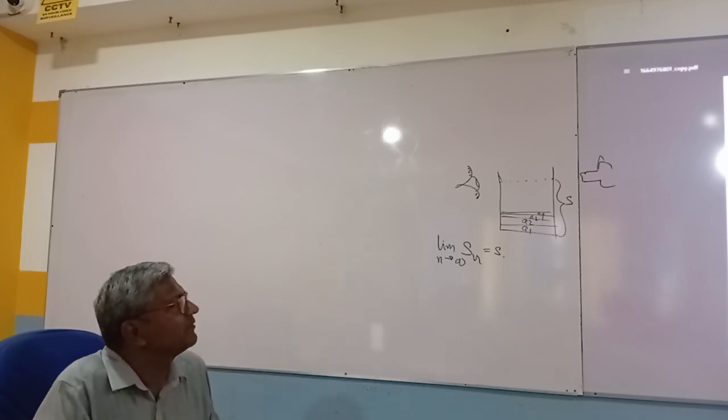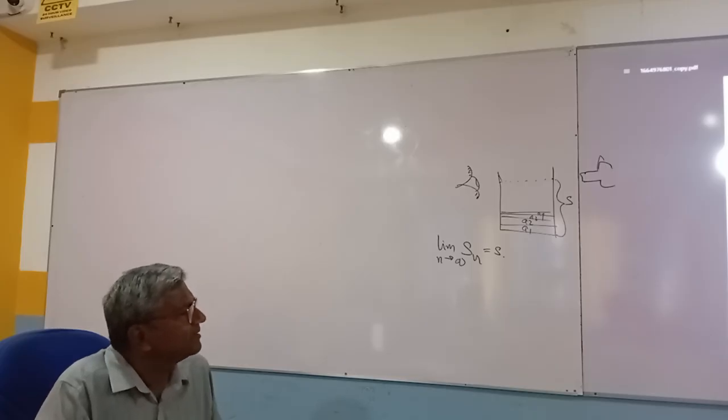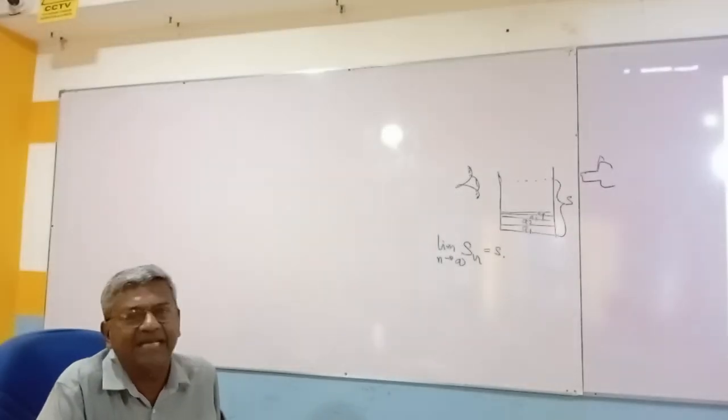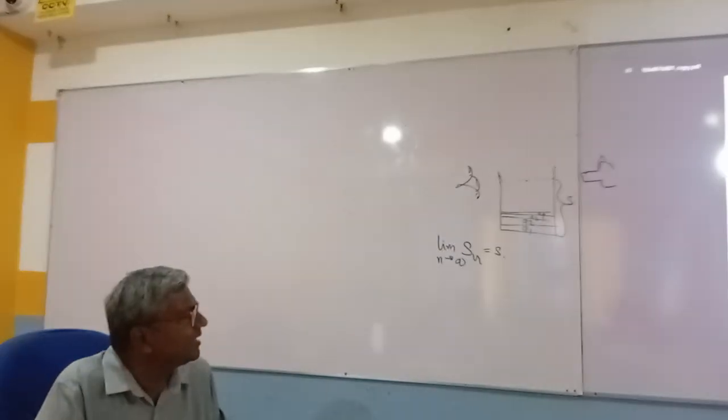These collapsing sums always give a number S that is finite. It has a limit, it is convergent, and it is a real number.